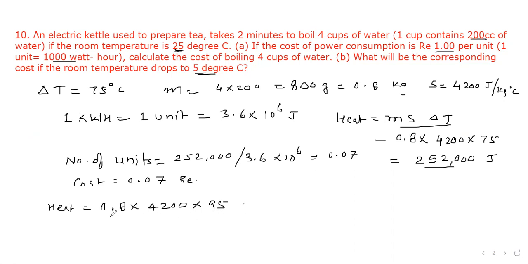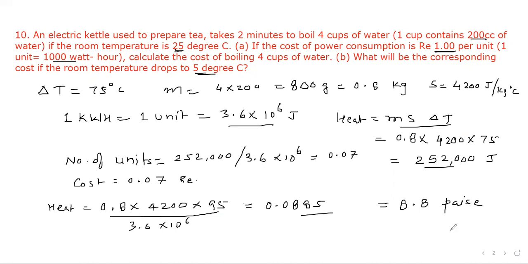This will be in joule, and if we divide it by this value, that is 3.6 into 10 to the power 6, so we will get number of units, and that would be 0.0885. And the cost of 1 unit is 1 rupee, so it will be 8.8 paise, which will be equal to 9 paise.